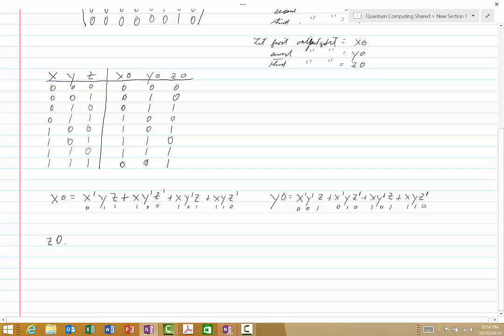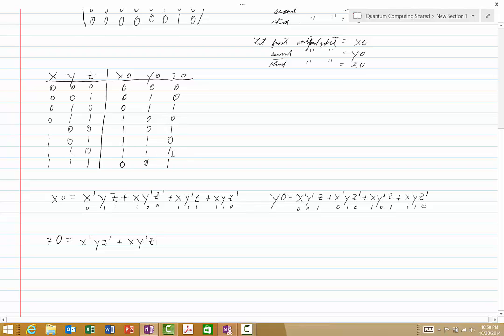Before we go ahead and do the Quine-McCluskey method for each one, let's just go ahead and find out the information for z0. The first one corresponds to x prime, y, z prime. Right here in the third row, x prime, y, z prime to take care of this one. For this one right here, we have x, y prime, z prime. That takes care of this one.